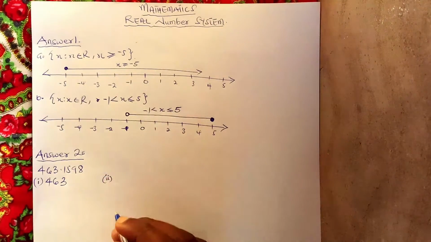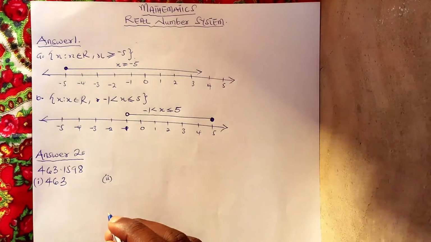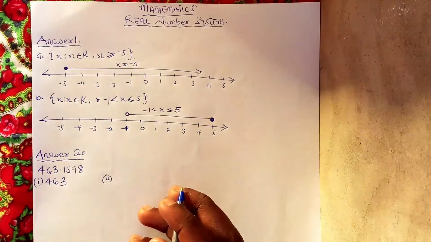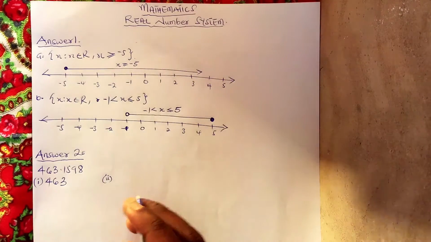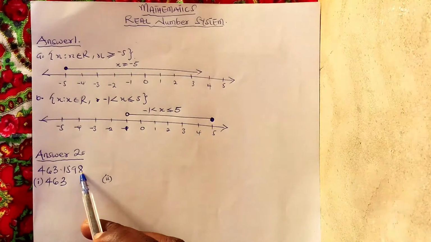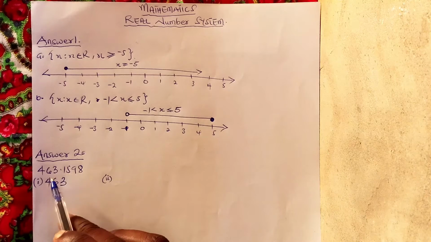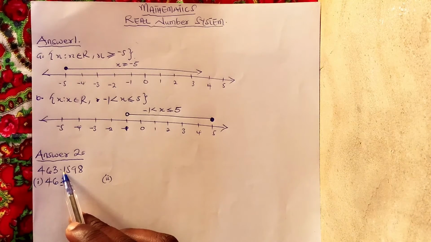II states we should write it to the tenth. When we talk about tenth, it's the decimal portion, counting from the decimal point. Hence, we have the 1, the tenth, the 100th, and the 1000th. So with the tenth, we have 463.15.